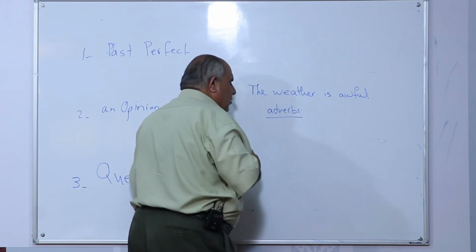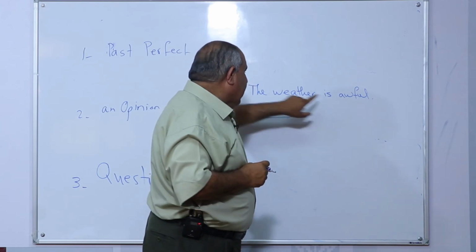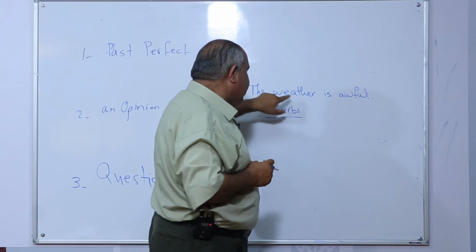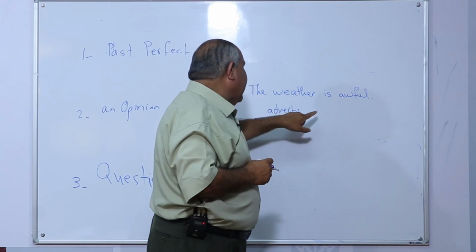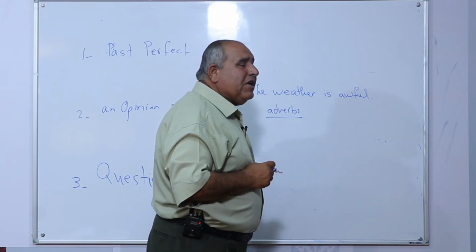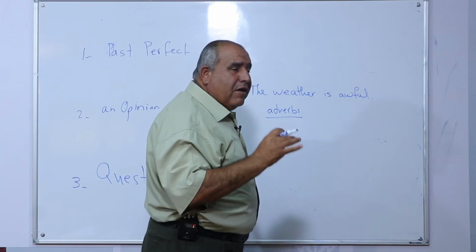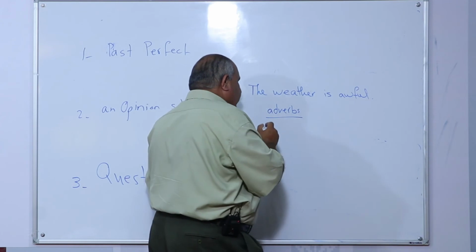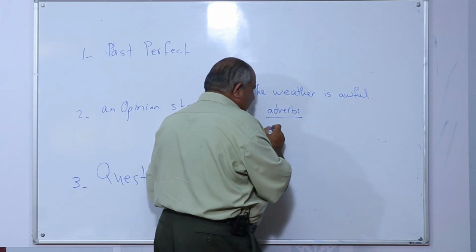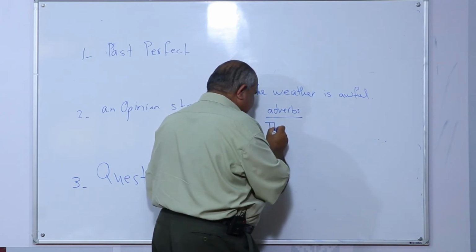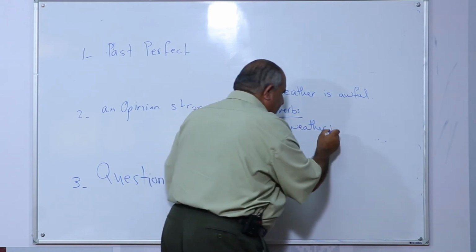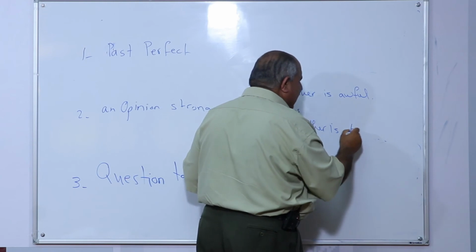You know that adjectives qualify nouns, they add information to the noun, but adverbs add information to verbs and adjectives. So this sentence, the weather is awful, can be spoken in a different way, and we can say the weather is absolutely awful.